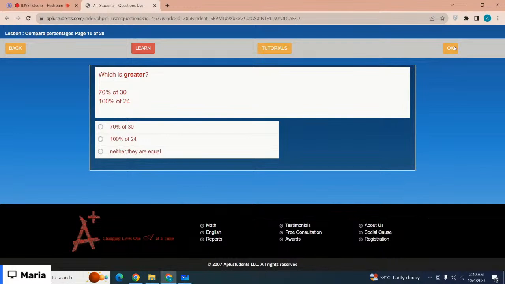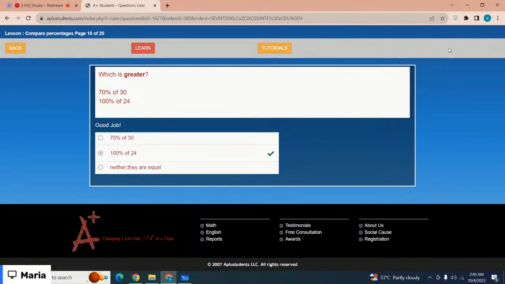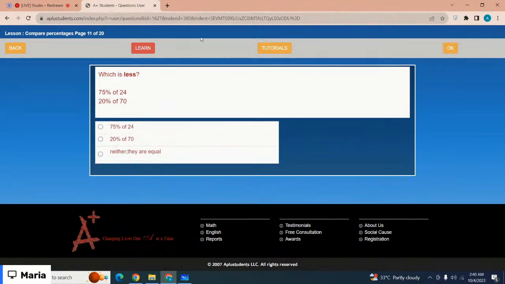The greater would be 100% of 24, right? So the correct one is 100% of 24, right? Okay, you can complete the lesson by yourself later today.